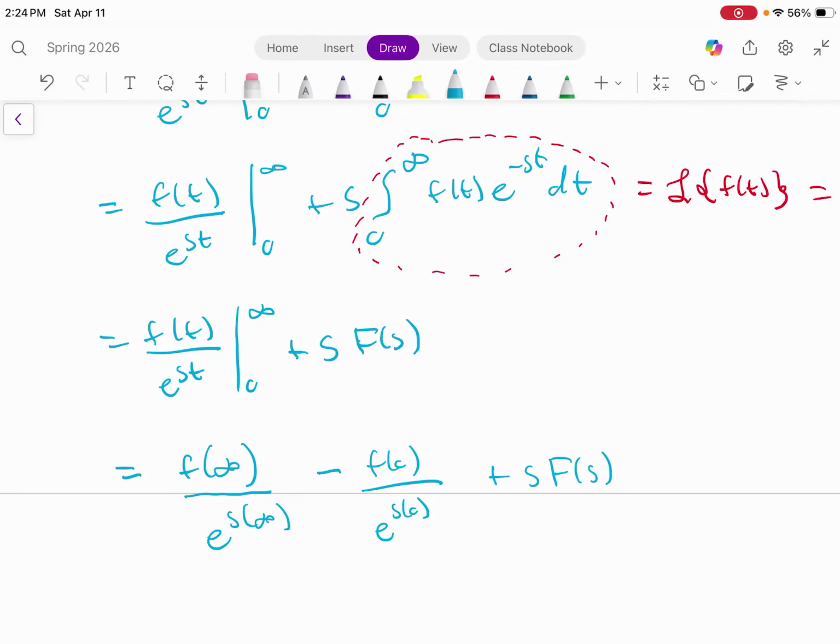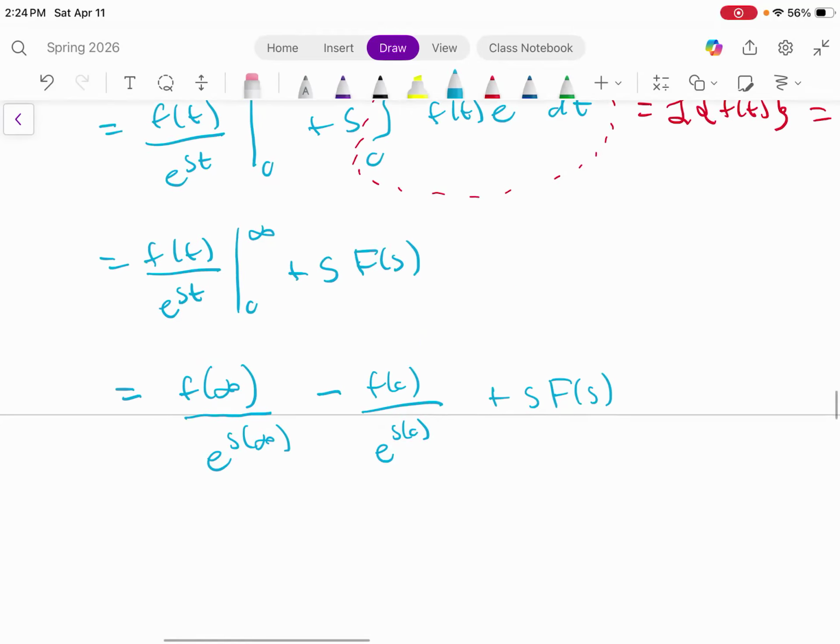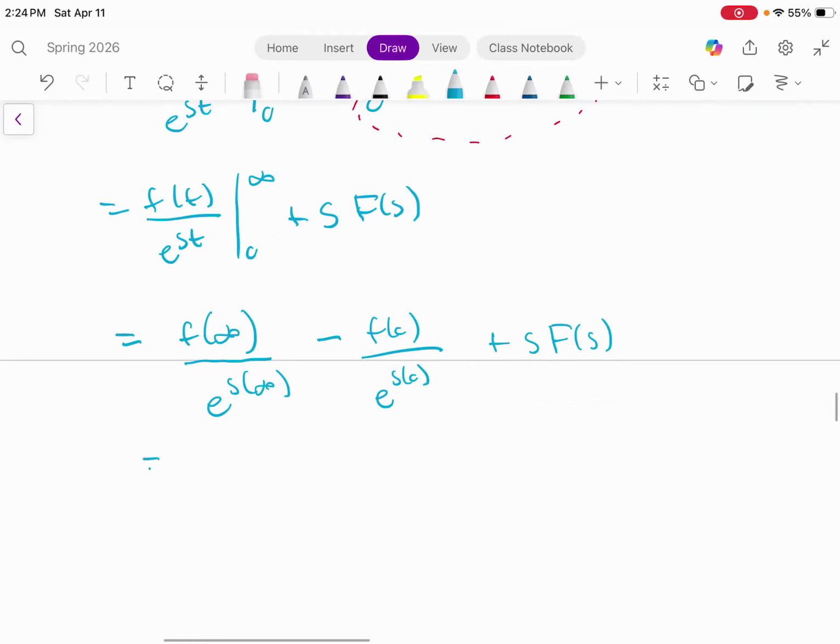So yeah, be careful. This is not f times infinity. It's just saying a function of infinity. But what we have here is essentially a function of infinity over e to the infinity, which is just infinity, minus f of 0 over e to the 0.